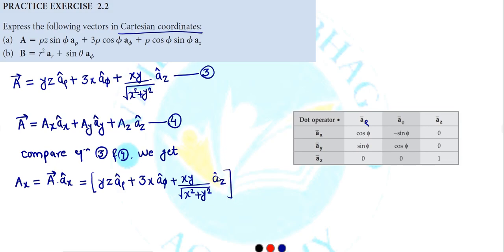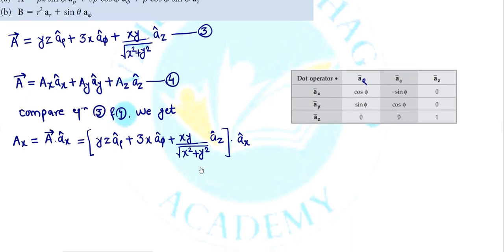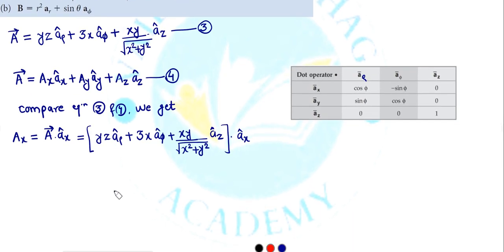So this is your equation 3, and it will have the dot product with ax cap. Now we are going to make use of this dot product table to have that conversion, so we start taking the dot product with respect to each and every unit vector over there.